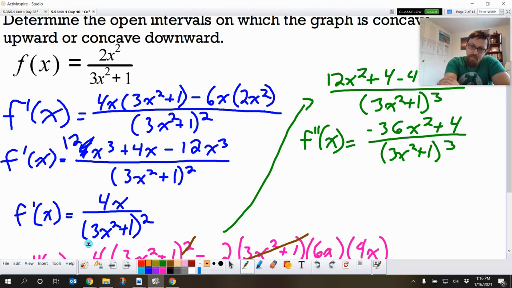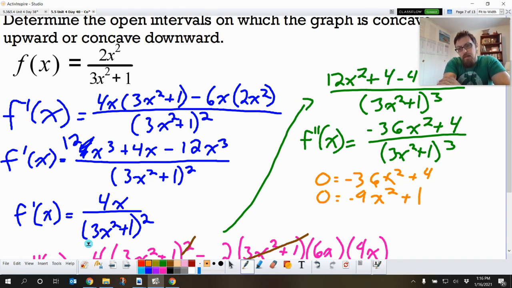Let's grab that numerator, set it equal to 0. Get negative 36x squared plus 4. I'm going to divide them both by 4 just to make this a little bit easier. Negative 9x squared plus 1. So add the 1, divide by 9, so we get x equals plus or minus 1/3. Neat.